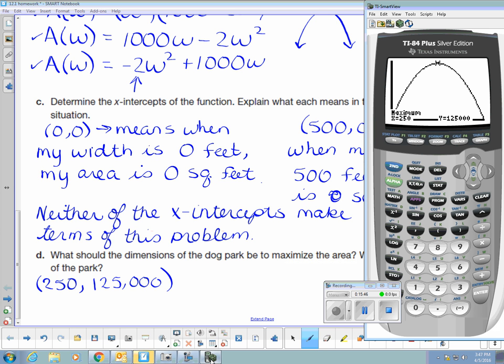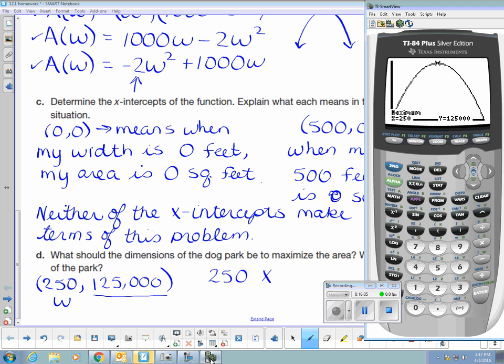So my width is 250. So 250 by, I need a length. So I need to know what length times my width of 250 would give me a maximum area of 125,000.